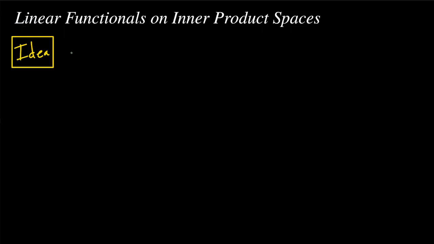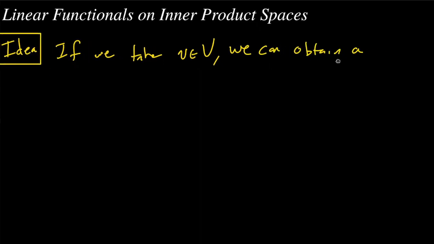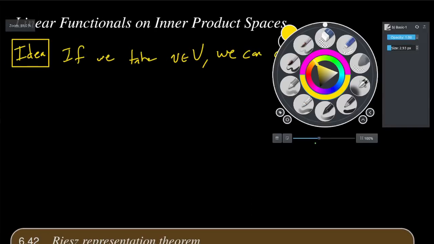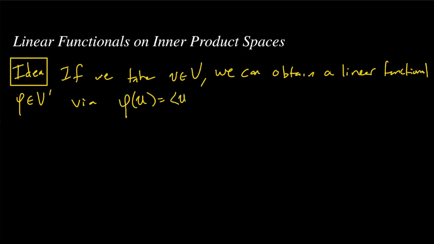So recall, if we take a vector v in V, we can obtain a linear functional, let's call it phi in V prime, via phi of u equal to the inner product of u with v.